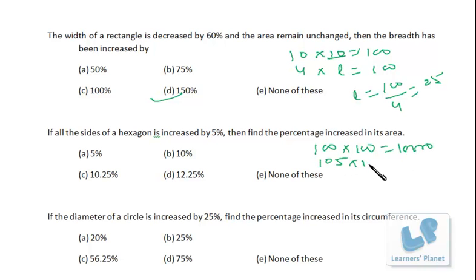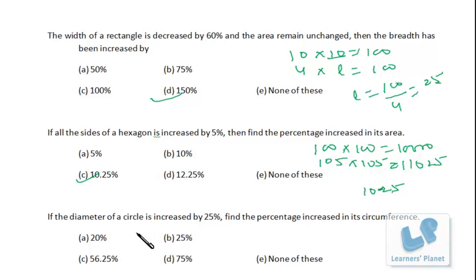Now the new area is square of 105, that is 11025. So increase is 1025 on 10,000. So from 100 the increase will be 10.25. So from 100 the increase is 10.25, that means it is 10.25% increase.